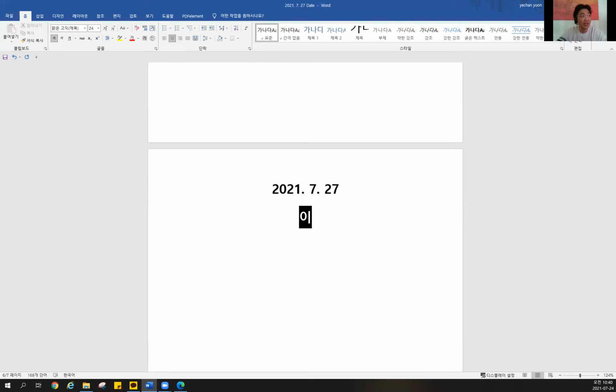Then how can we say it? 천. There's no number in the 100 position, so you can skip it. What's the next number? 2. So 이. Which position is it? 10th position. So 십. And what's the next number? 1. And what is the year? How to pronounce it? It's 년.